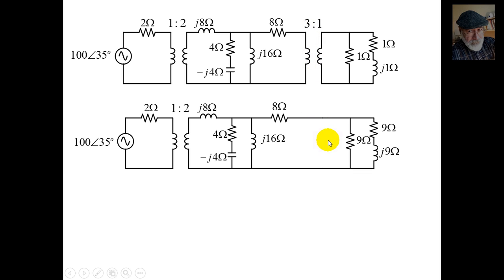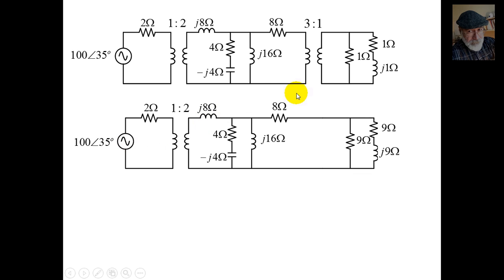And then we take all of those, and I'm going to refer them downhill to the low voltage side of this other transformer, so that we have a circuit in the area of the generator, and we can solve for V, I, and power in that generator. How?